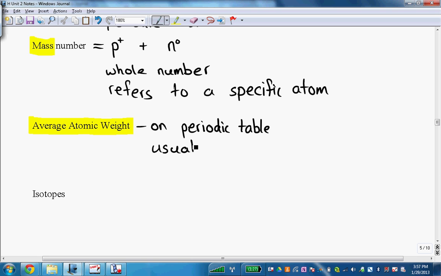It's usually a decimal. And it refers to the average of a whole group of atoms of a given element.